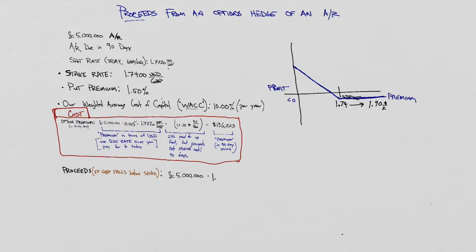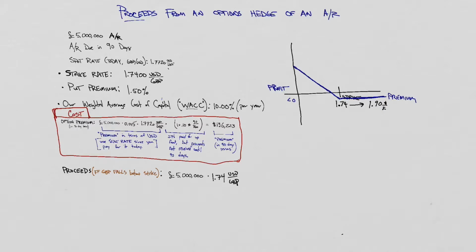Because anything below that, the gains on the put option offset any losses from a reduced value of the accounts receivable. So the two kind of net each other out, and it's a little complicated to think about how that's happening in the background.